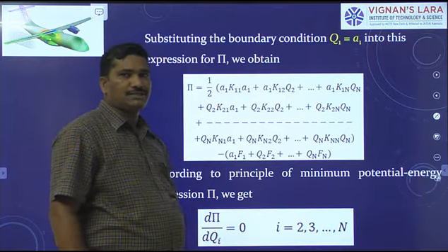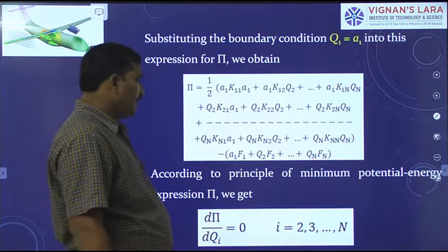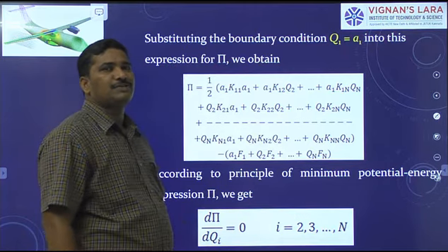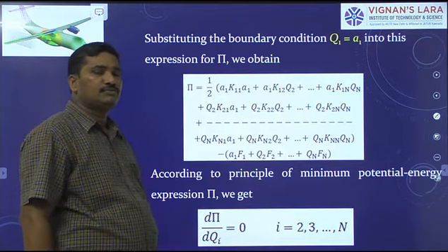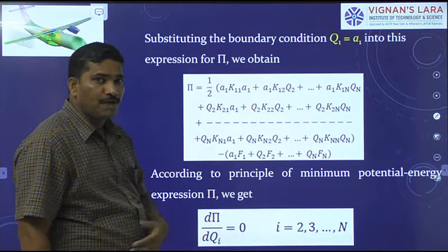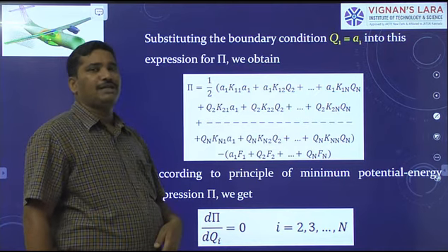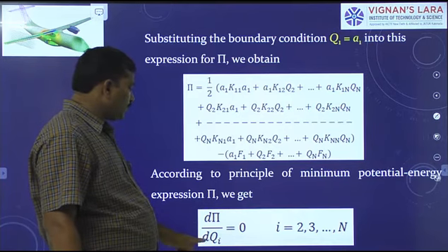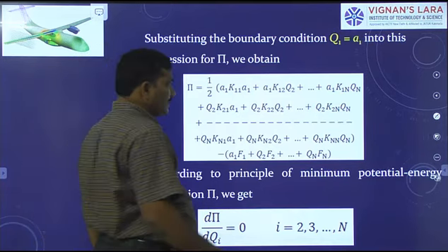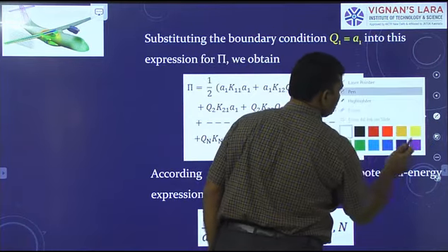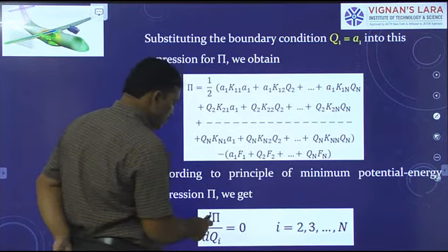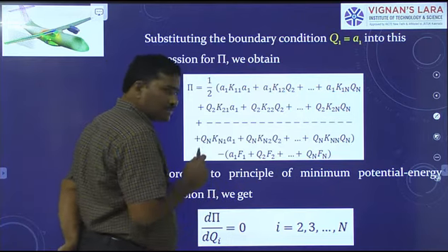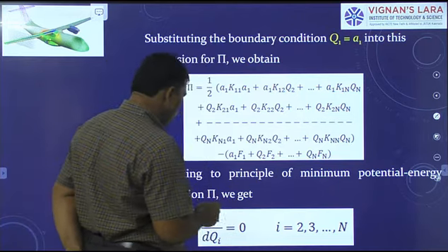After getting like this, what I have to do is extremize this total potential energy with respect to Qi according to the principle of minimum potential energy. Therefore, here dou by dou Qi of pi equals 0. It is not d, it is dou.